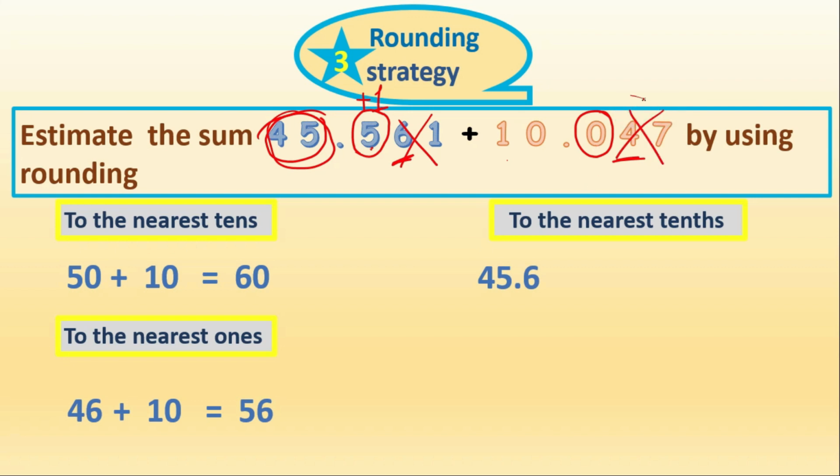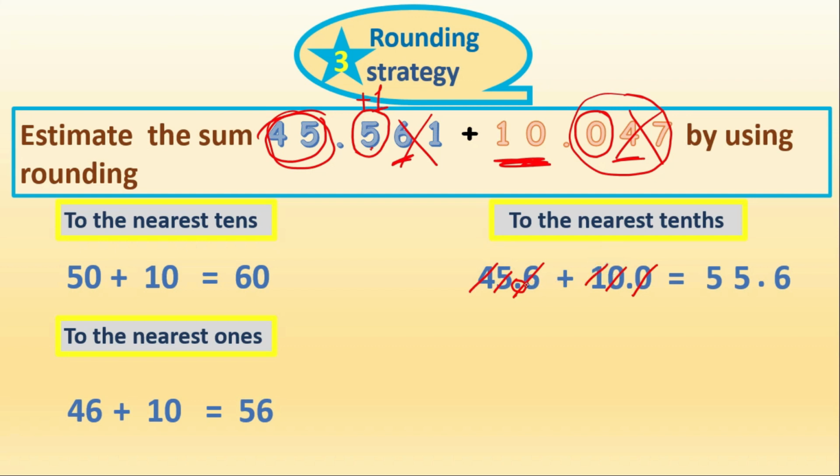So cancel all decimals because all decimals are zeros, and write 10 the same because 10 in the whole part never changes. Then add: 6 plus 0 equals 6, and then write the decimal point. Don't forget to write the decimal point. And 5 plus 0 equals 5, and 4 plus 1 equals 5.